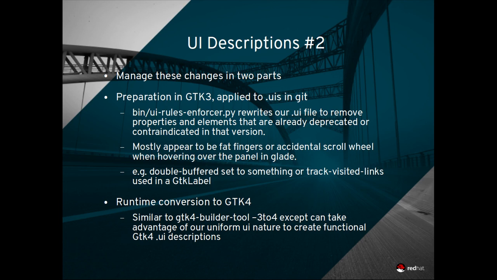The scope of possibilities in a generic UI file is too broad to make a perfect conversion, but in our case we can take advantage of the uniform nature of our UIs, that they're all basically following the same pattern, and we can use the initial static script to find and fix up any cases where there's confusion as to what the conversion should be, and enforce certain rules there, so we continue to have a legal GTK3 version that we can convert automatically to create functional GTK4 UI versions at runtime.